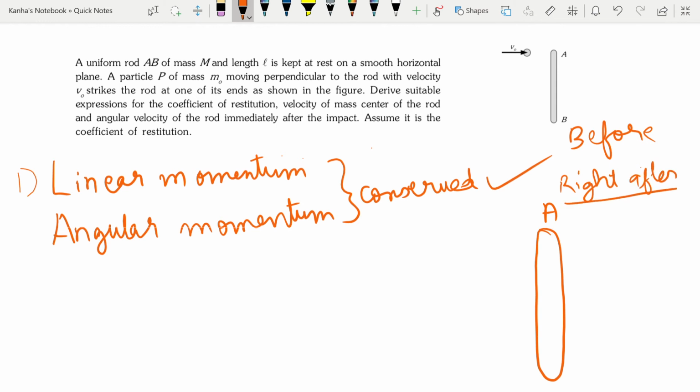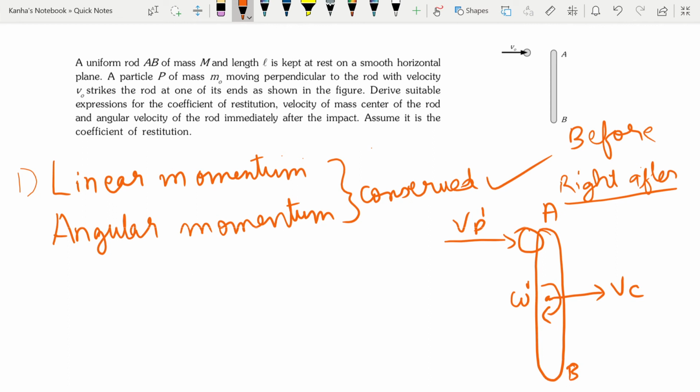Okay, so you have a ball which just reached here. Its velocity will become Vp prime. This was the center, so the center will move with some velocity Vc. There will be rotation about the center. So these have been marked, and let me just call it omega prime right now.